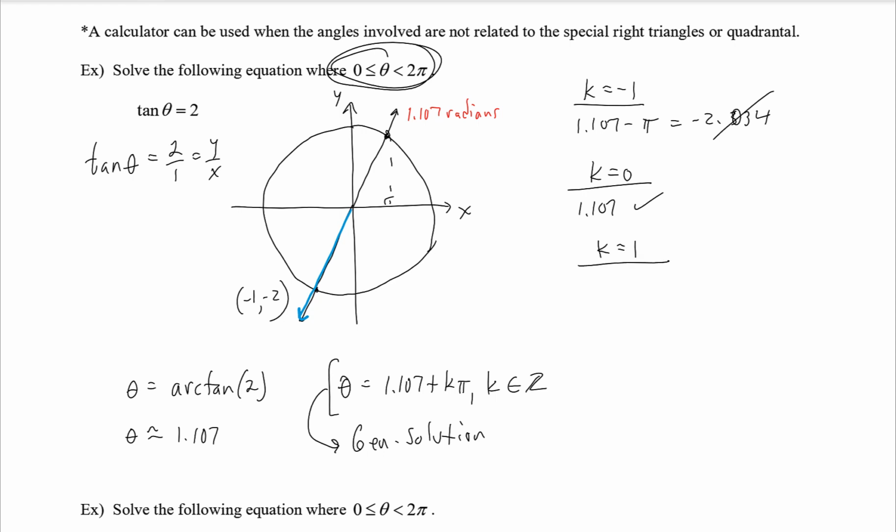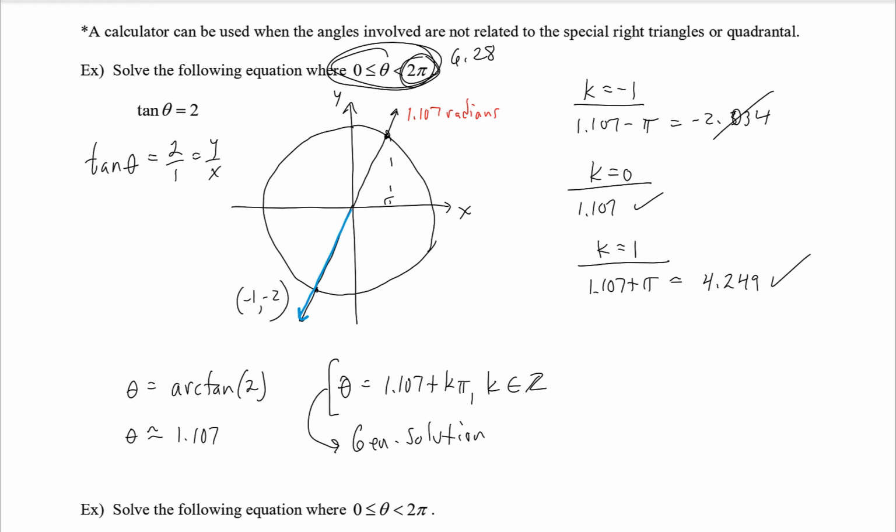If I plug in 1, let's see what I get. Let's add pi. So it's going to be 1.107 plus pi. It's going to be 4.249. That's another one I want. Now, remember 2 pi would be about 6.28.